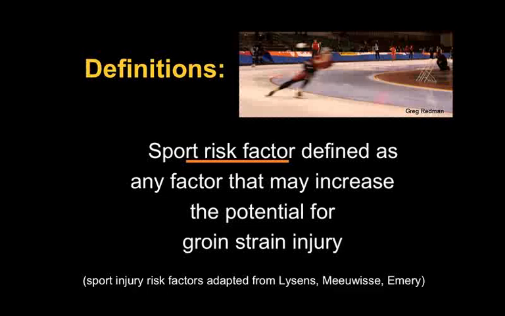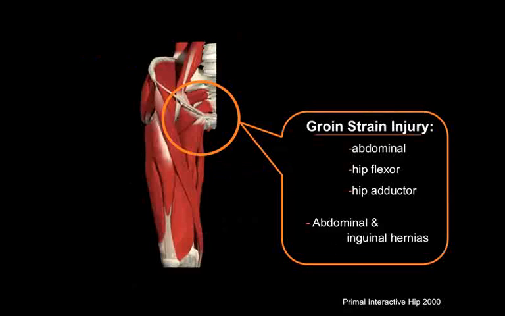Risk factors for this particular lecture are defined as any factor that may increase the potential for groin strain injury. Groin strain injury was defined as abdominal muscular injury, hip flexor injury, hip adductor injury, as well as abdominal and inguinal hernias.